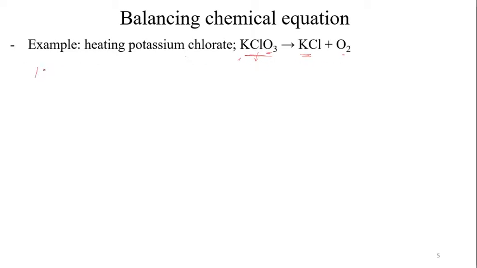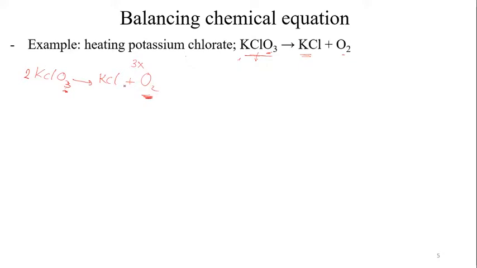So my first step would be multiplying by a factor to be able to balance this chemical equation. I will multiply this part of the equation by a factor. Here I will multiply by 3 and I will multiply here by 2. The aim for that is, I have here 3 oxygens and here I have 2 oxygens.